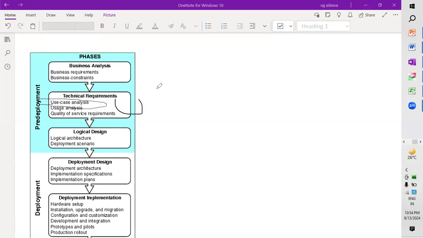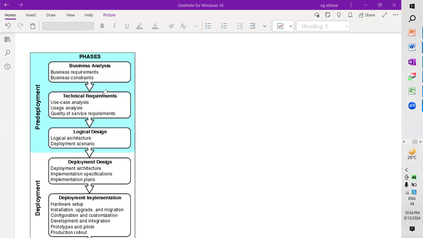For that, use case documents are normally prepared by the technical team in the context of the BA team, and the technical team will be gathering all that. This is where use case analysis comes into the picture. Next, usage analysis, basically from the user perspective. Normally users are classified into two parts: internal users and external users.